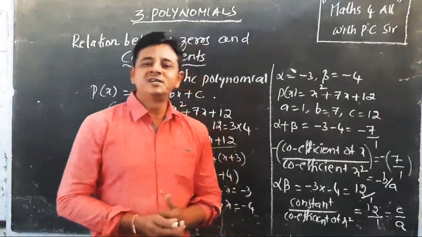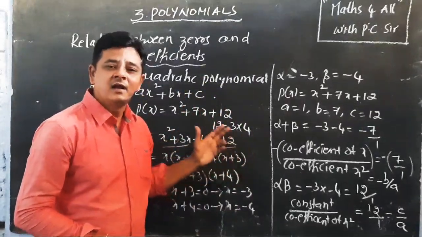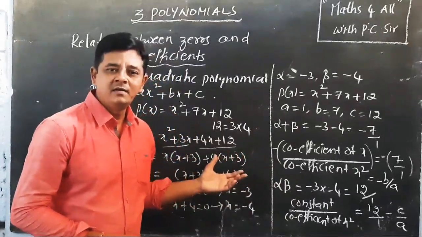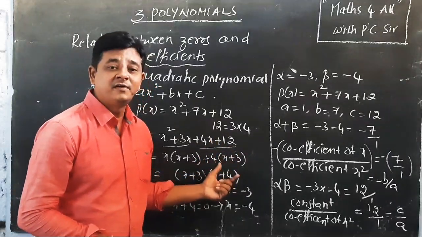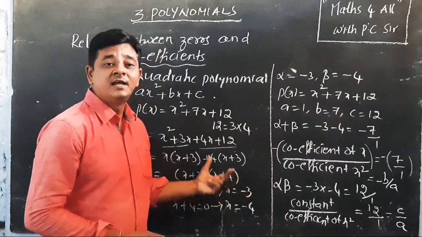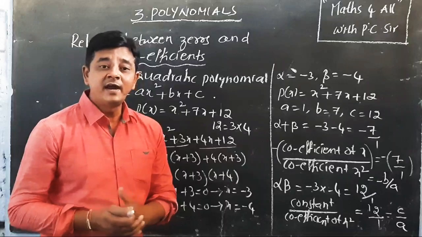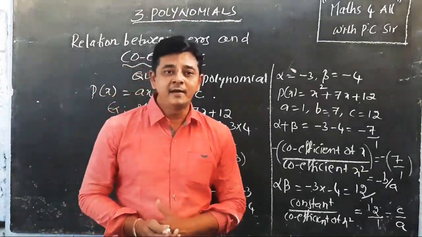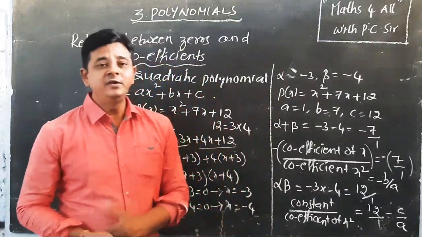More applications depend on the relation between the zeros and the coefficients of the quadratic polynomial, and we are going to solve more applications in the next classes also. For more information about how we find the relation between the zeros and coefficients of quadratic and cubic polynomials, we are going to get that in the upcoming videos also.